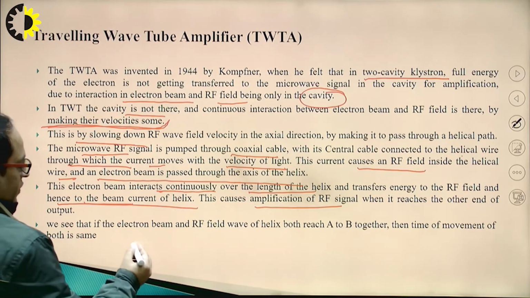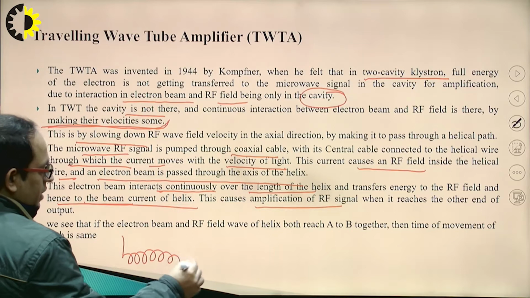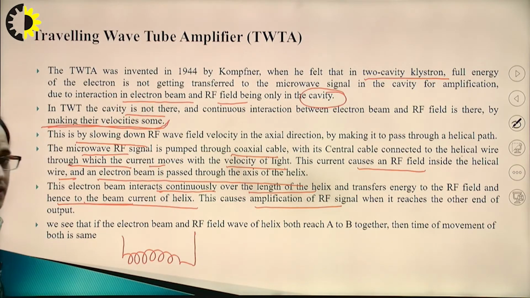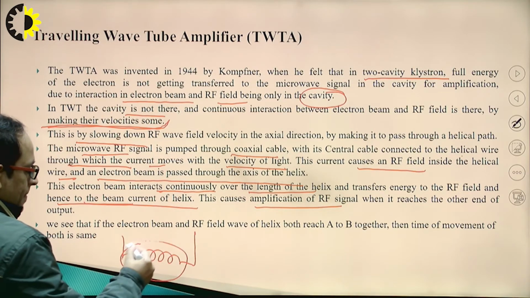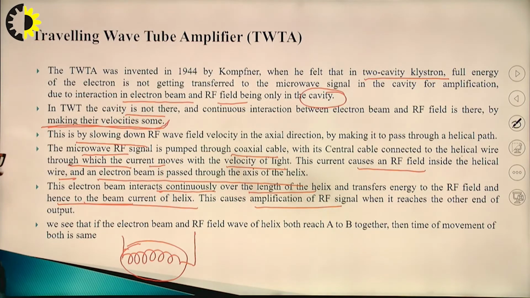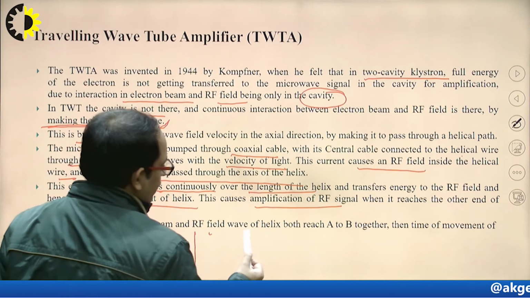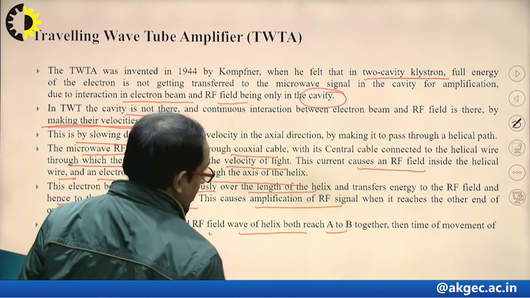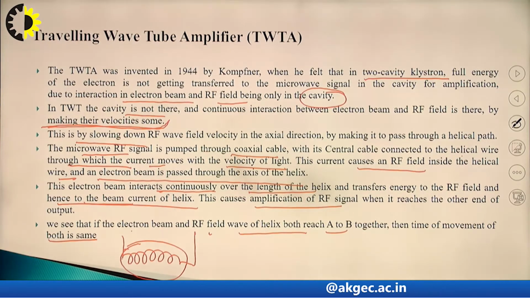Means one end of the helix acts as the input, and the other end of the helix acts as the output. So the interaction of electrons and RF field is done in this helix. You will see that if the electron beam and the RF field both reach from A to B together, then the time of movement of both will be the same.